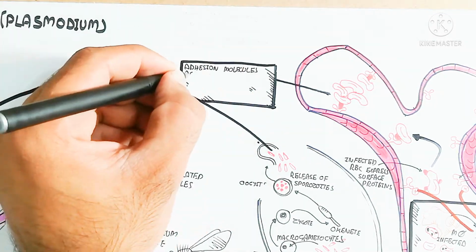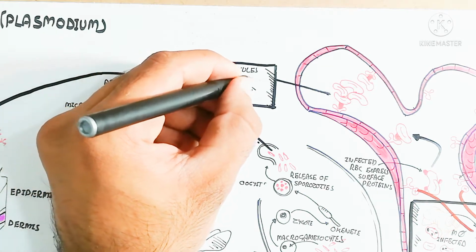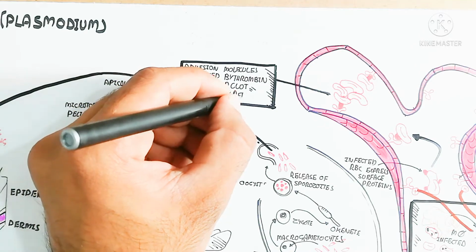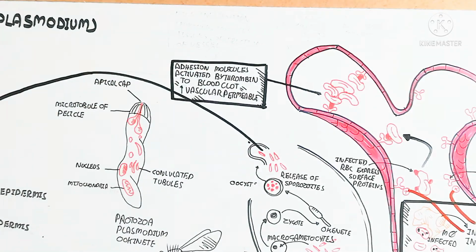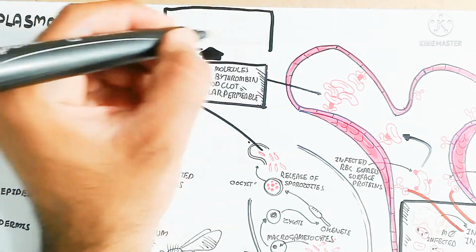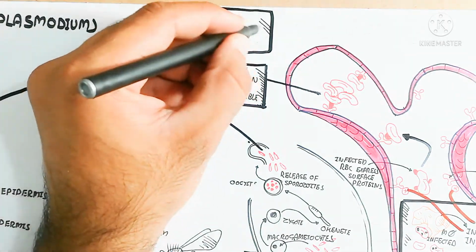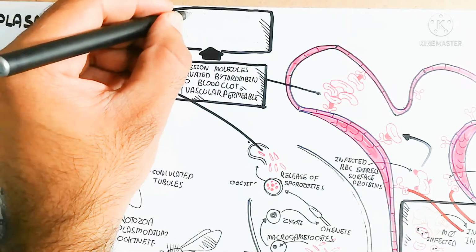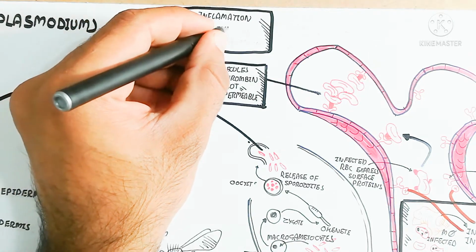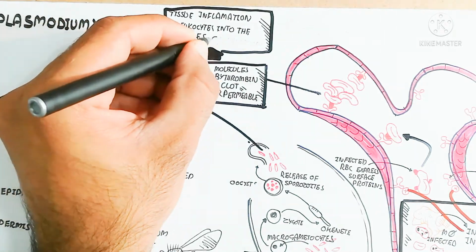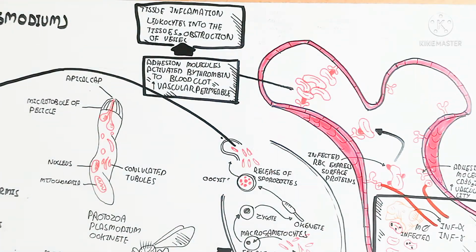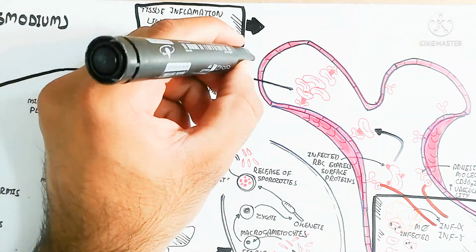So blood clotting will inhibit the blood circulatory system, the blood flow. This blood flow inhibition will cause tissue inflammation and leukocyte entry into the tissue, with obstruction of the vessel. The obstruction means basically inhibition.